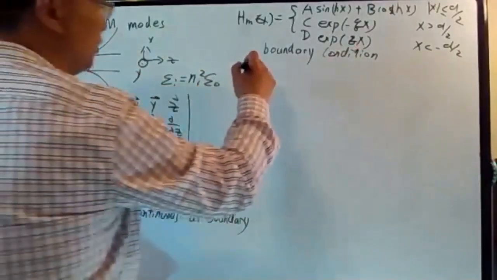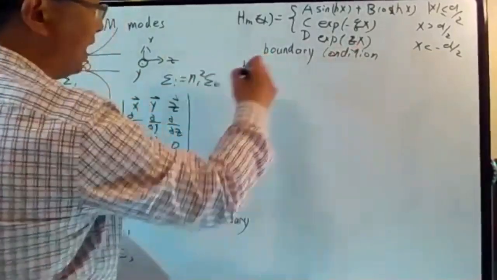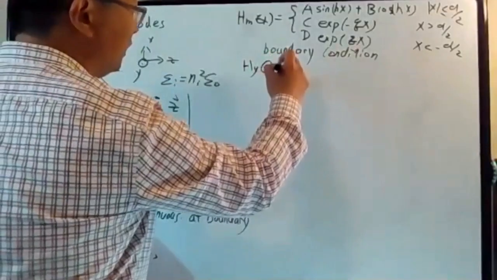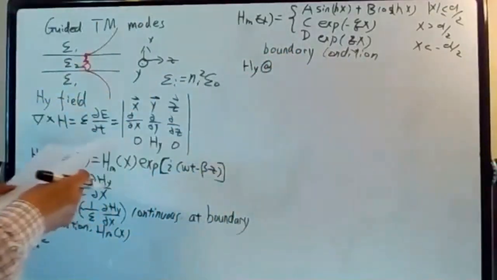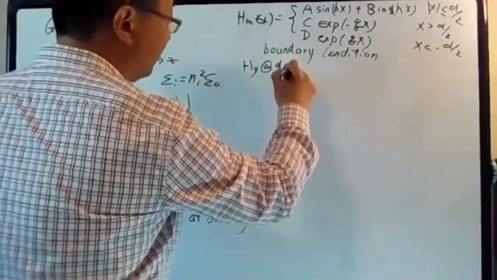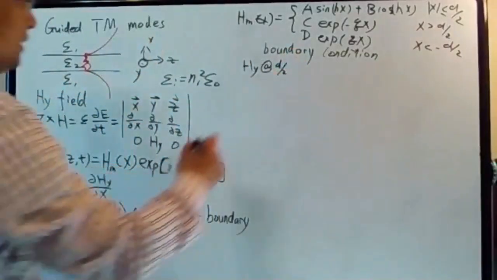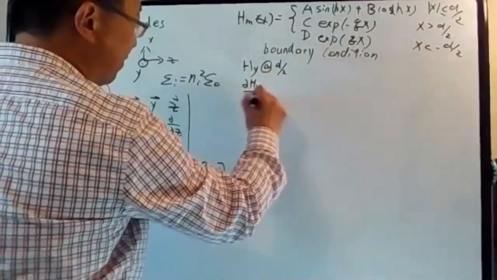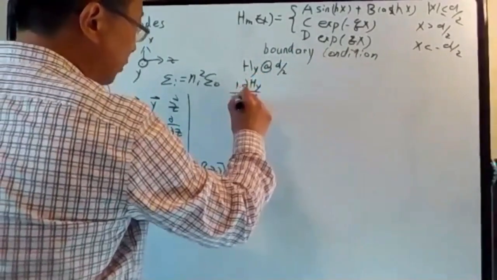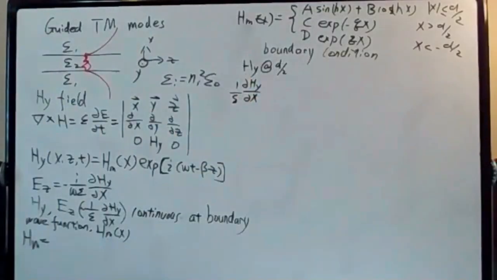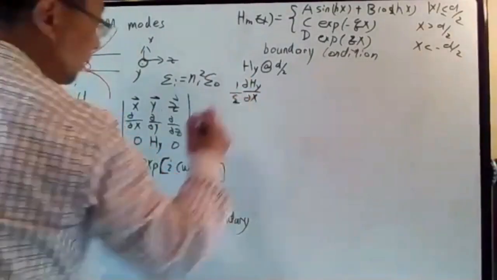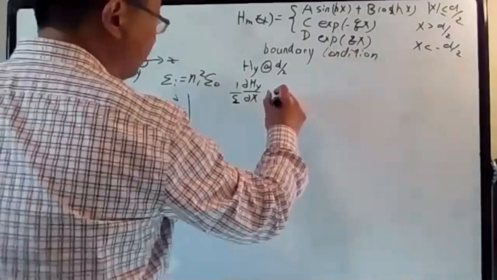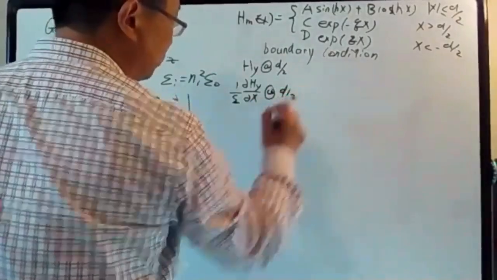The first equation will have Hy at d over 2, and then partial Hy, partial x, 1 over epsilon at d over 2.